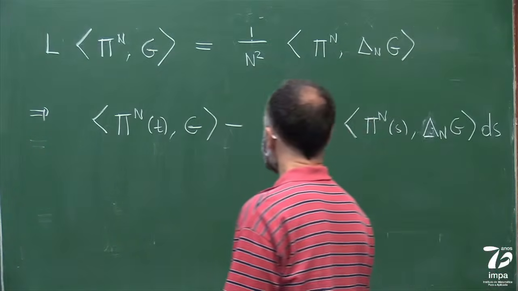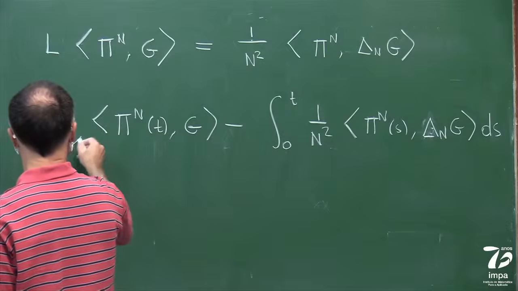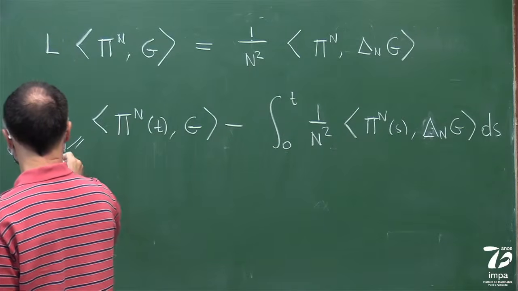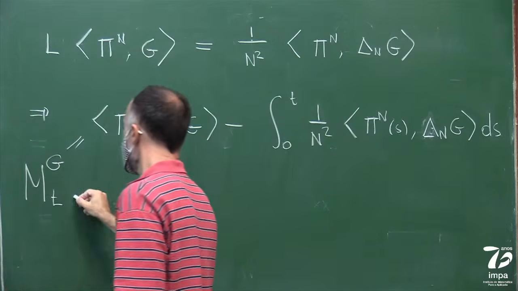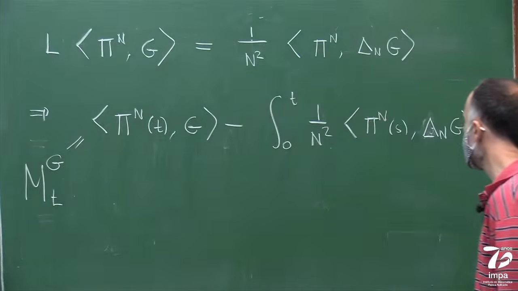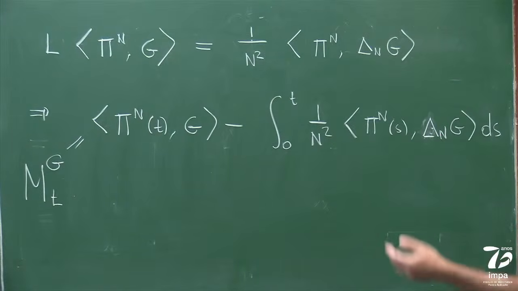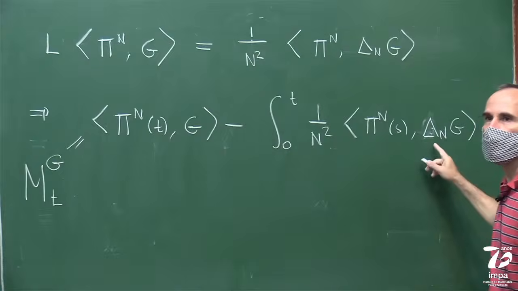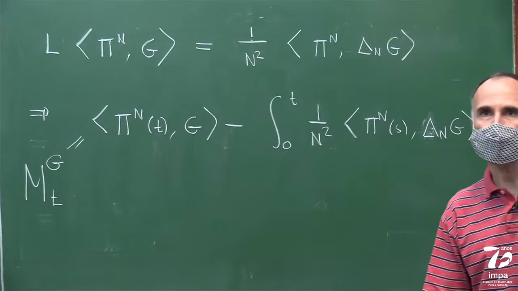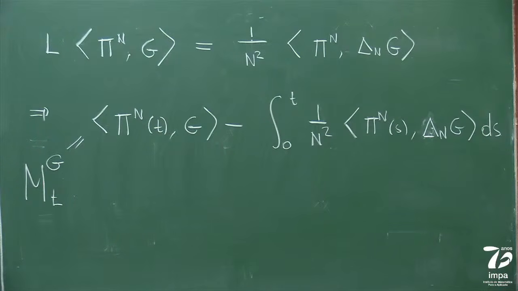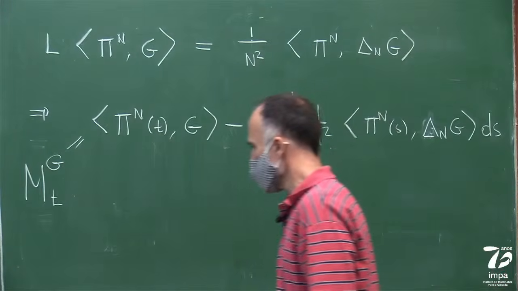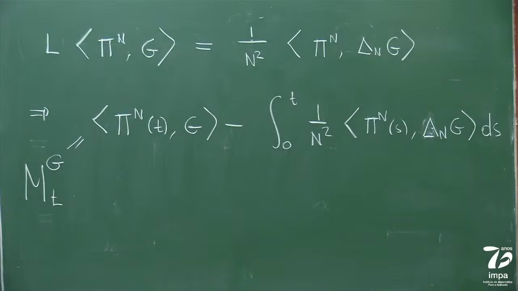And let me call this martingale M, the martingale associated to the test function g, which I'm assuming is C2, because here I will have the discrete Laplacian. Fine, so this is a first computation.